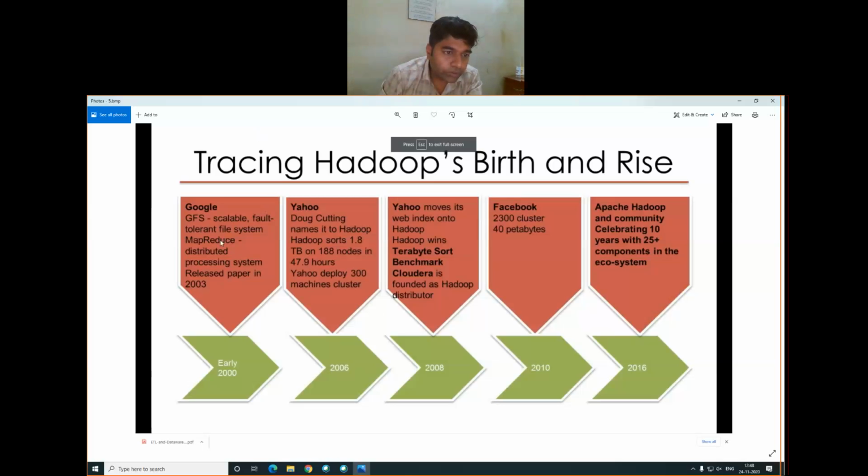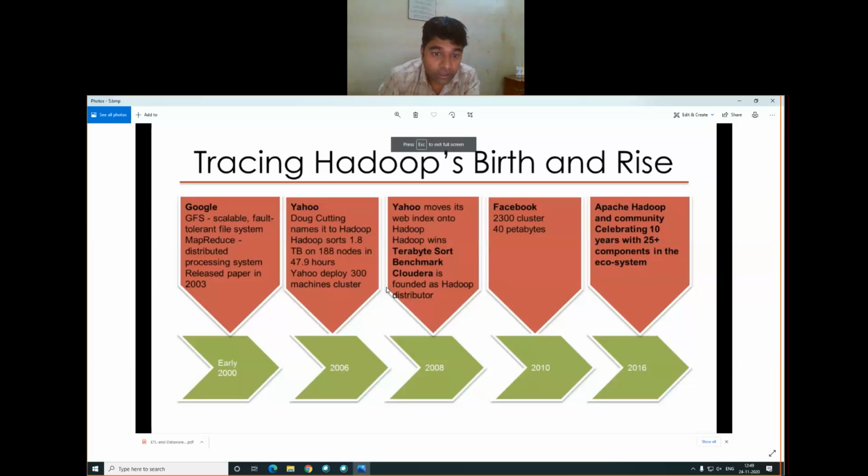Then in 2004, Cutting implemented NDFS and MapReduce in Nutch. In 2006 to 2008, Apache started to support MapReduce and HDFS, and Hadoop spun out of Nutch at Yahoo. So Hadoop got adopted by the Yahoo team.